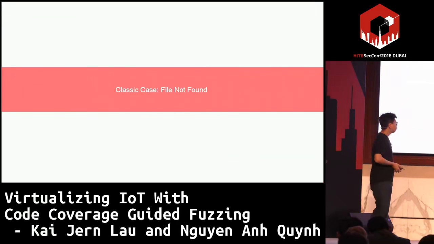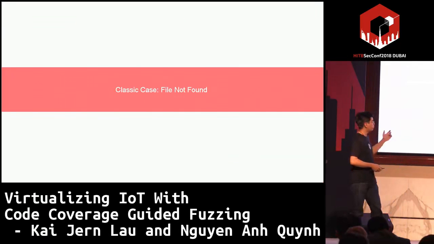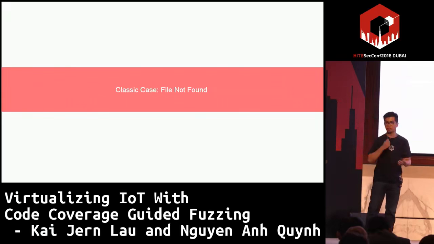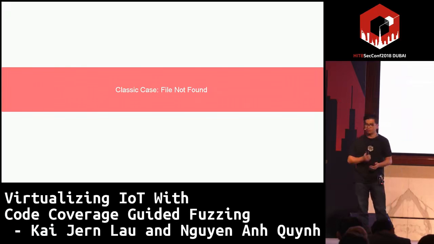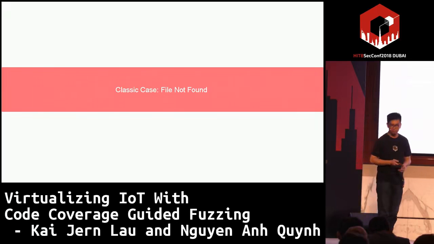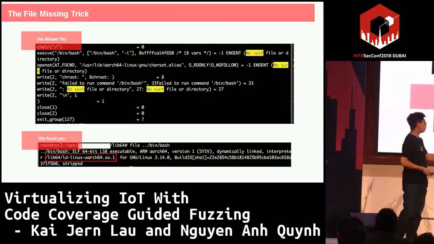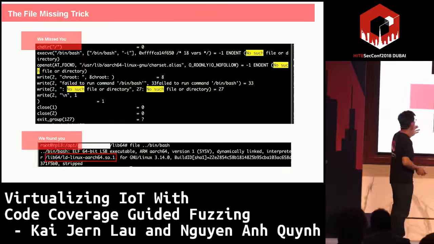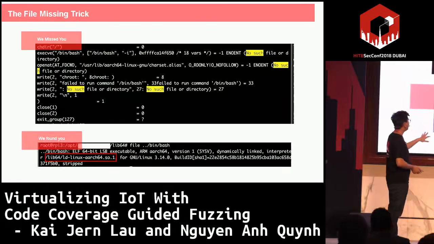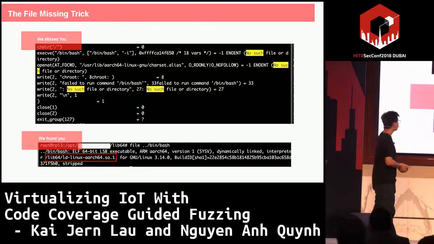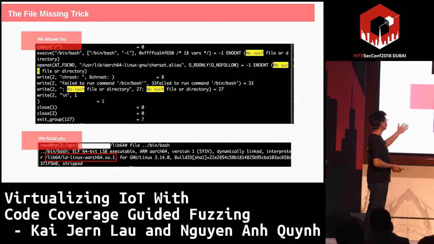So the first problem when we try to move everything out from the chroot environment into the QEMU system, the first thing that we found is "not found". We try to execute a command, then it tells us we are not getting anywhere. If you do a trace, if you do a dump, you try to run a command, it will tell you no such file or directory.